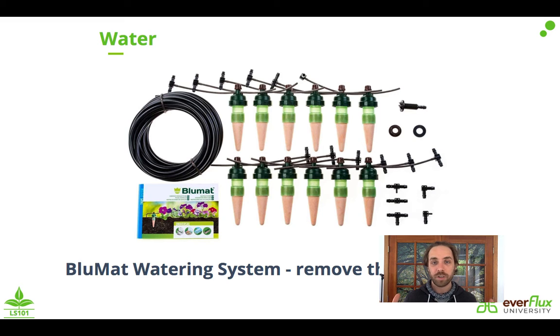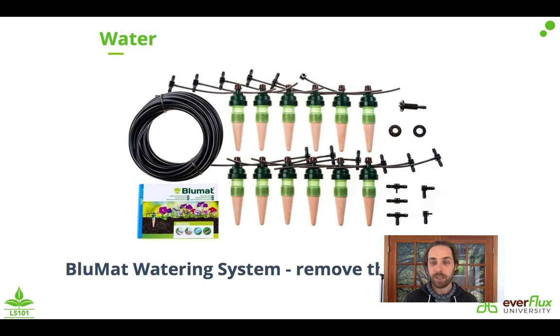So as I mentioned, if you are growing in a large facility and you don't have time to check the moisture of all your soils, or you're a home grower and you're out at work all day and you just don't have the time to monitor your soil really closely, the Blue Mat watering system can be a really great solution for this, because Blue Mat is unique in that it actually senses the moisture levels of your soil, and you can dial that in to whatever level you want it to be at.